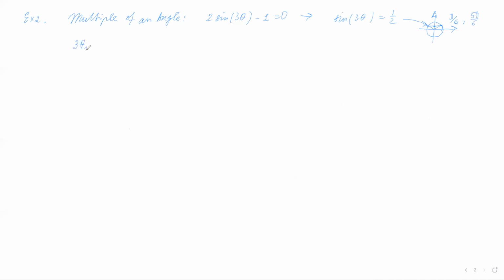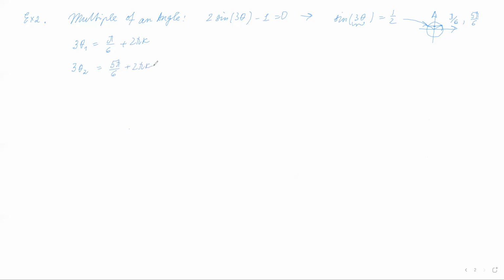Here, my angle pi over 6 is actually not just theta, it's the argument of sine, and in this case, it's 3 theta. So I'm going to write down 3 theta 1 equals pi over 6 plus 2 pi k. And my second angle is 5 pi over 6, so 3 theta 2 is 5 pi over 6 plus 2 pi k.